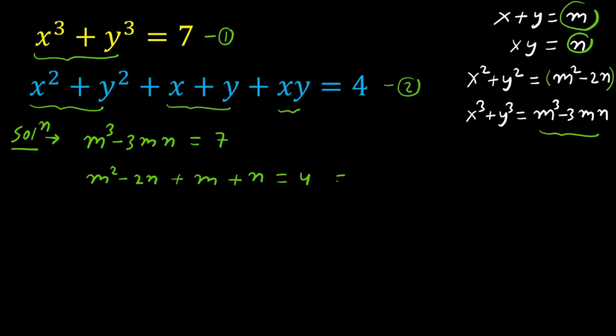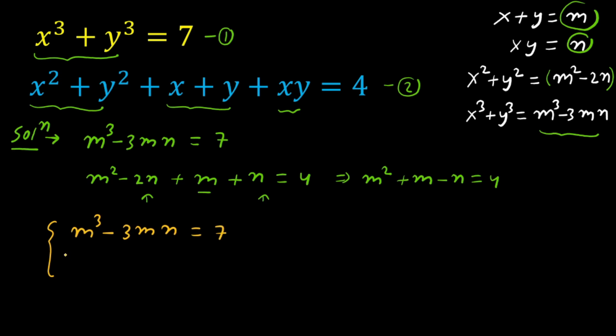This implies m^2 + m - 2n + n, that is m^2 + m - n = 4. Now m^3 - 3mn = 7 and m^2 + m - n = 4. Let us call this equation number third and this equation number fourth.